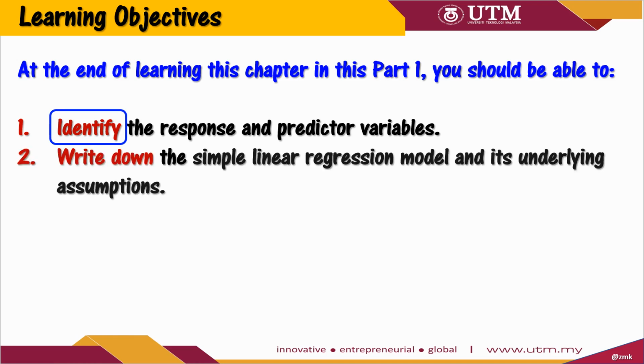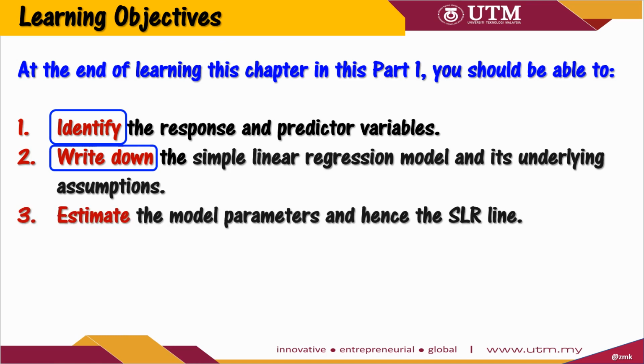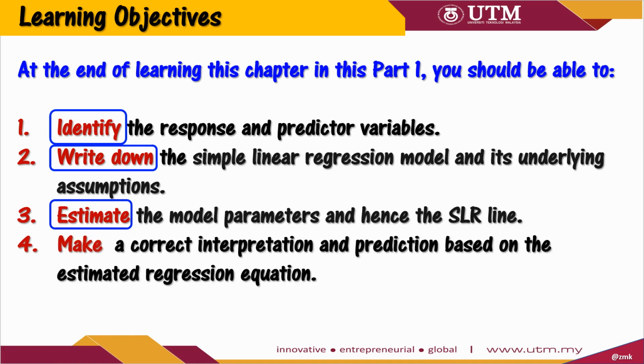Second, you should be able to write down the simple linear regression model and its underlying model assumptions. Third, you should be able to estimate the model parameters and hence estimate the simple linear regression line or equation. And finally, you should also be able to make a correct interpretation and prediction based on the estimated simple linear regression equation.